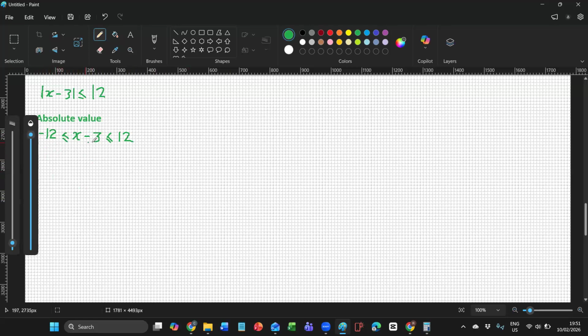Okay, so the guy in the middle is what we want to take care of, right? So you know how you usually do the opposite of the sign of the one that is closest to the unknown. In this case, that's minus 3.